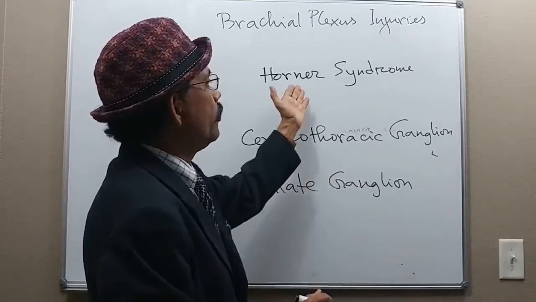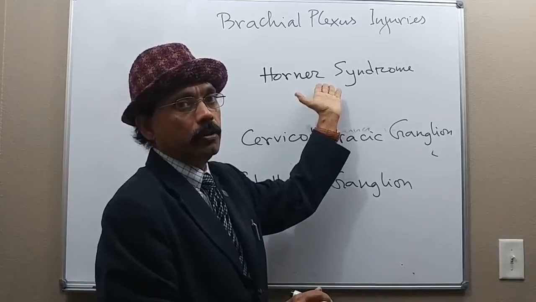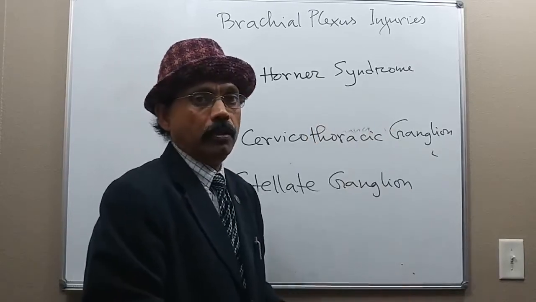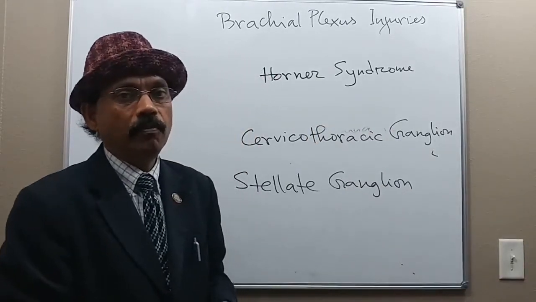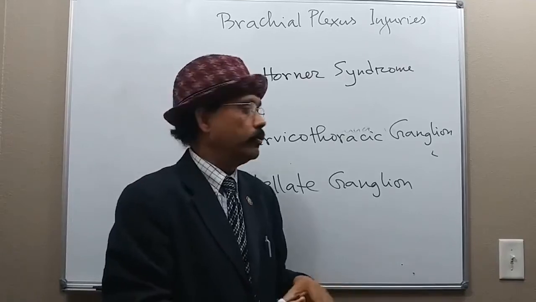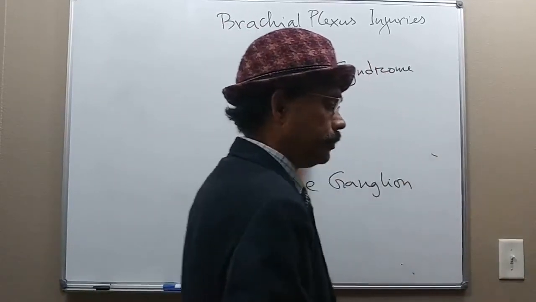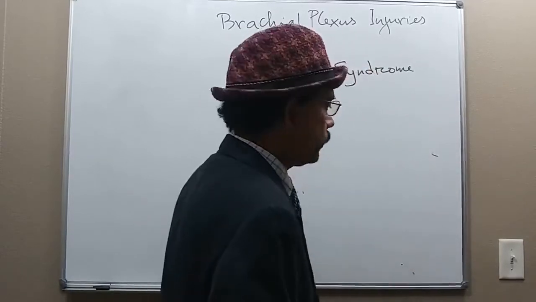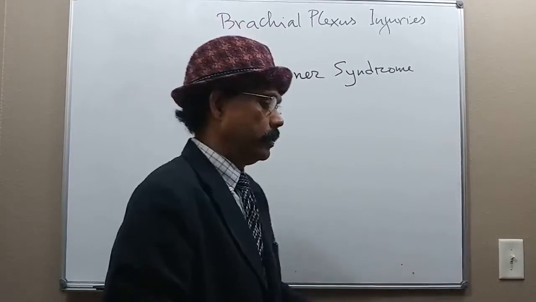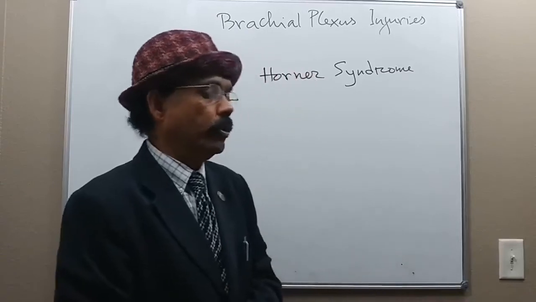Okay, so Horner syndrome may be due to traumatic condition, may be associated with brachial plexus injury, may be due to other reasons like spread of cancer. Okay, we got that.